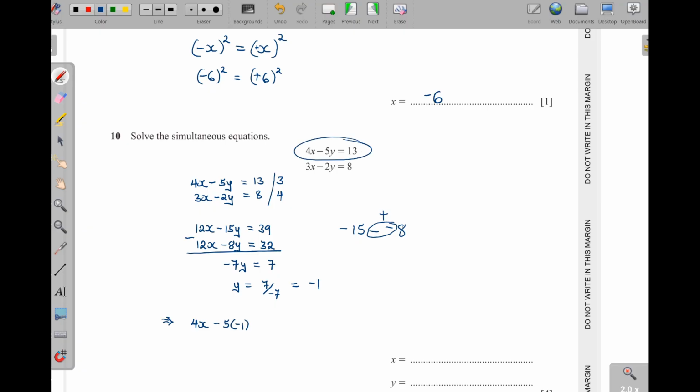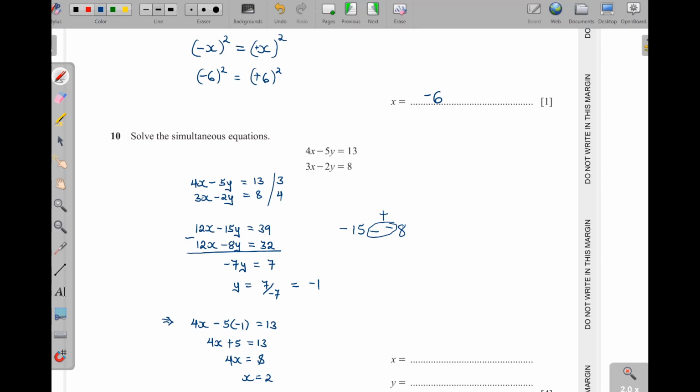I'm using the first equation, which is equal to 13. Now 4x here plus a 5 is equal to 13. That means this whole thing has to be 13. In other words, this one has to be 8, because 8 plus 5 gives you 13. Now, if 4x is equal to 8, then that simply implies that x shall be equal to 2.